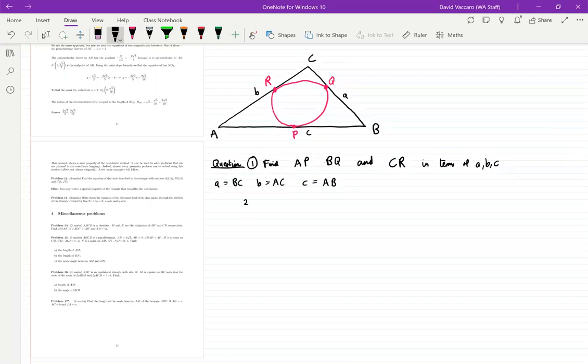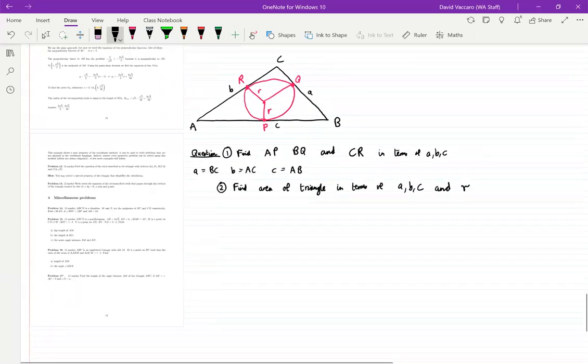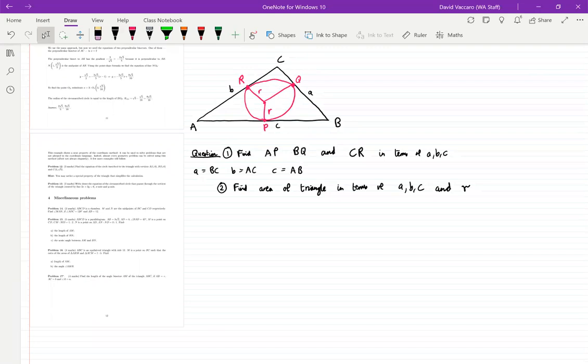And then my second part is going to say, find the area of the triangle in terms of A, B, C, and the inradius R.